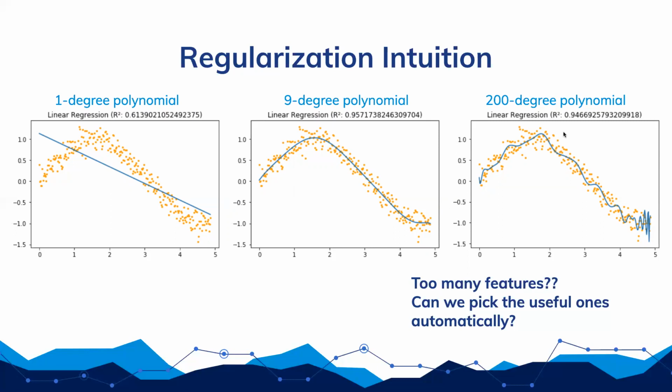One thing we could do is loop through polynomials of degree 1 through 200, and then just see what's the best at the end. That would work, but it also takes a really long time. So what's really cool about regularization is it gets you this middle prediction without having to do all of these loopings. It's a way to automatically pick the best features.